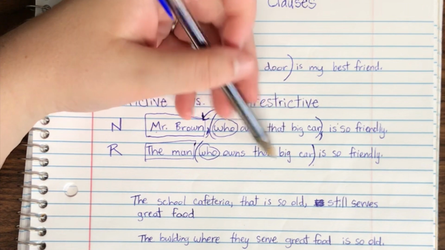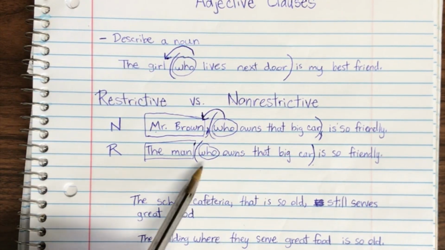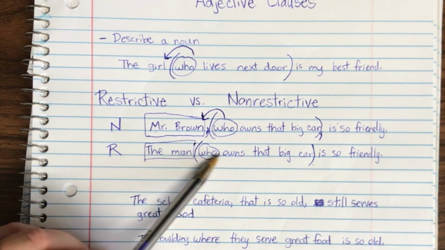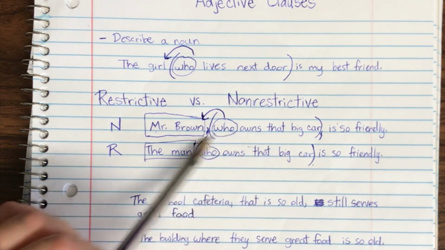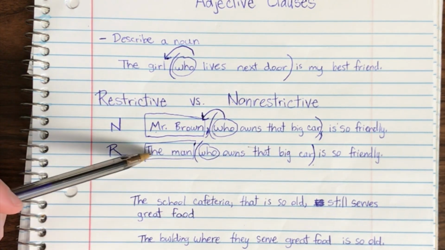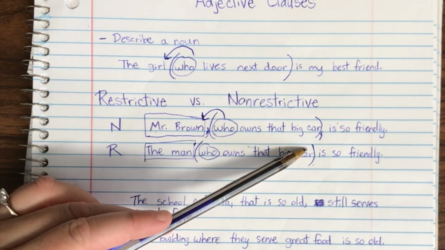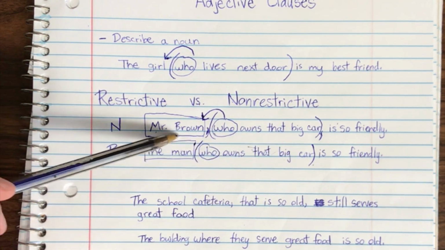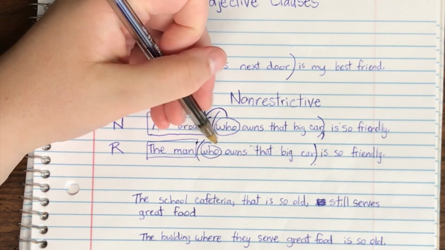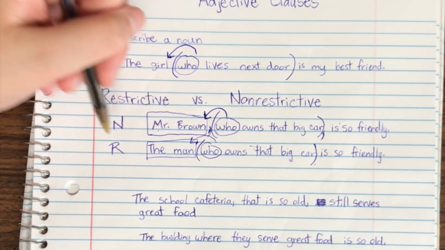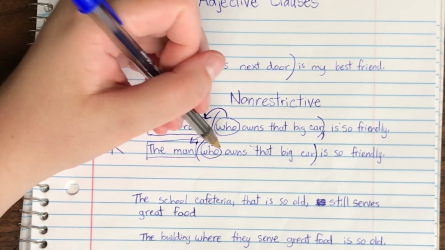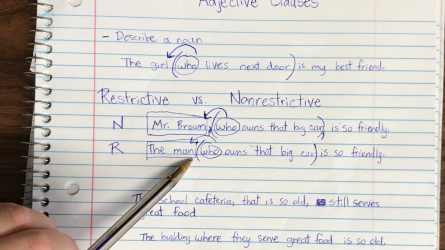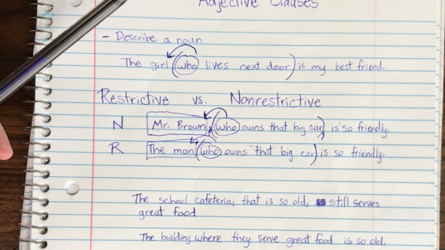The purpose of this clause is to specify who the man is. Oh, the man who owns that big car. Okay, I know who you're talking about now. And so this clause is essential, not grammatically, but it's essential with the meaning of describing who the man is. So we call it restrictive. It has to be there. We can't take it out. And so there are no commas surrounding that clause.